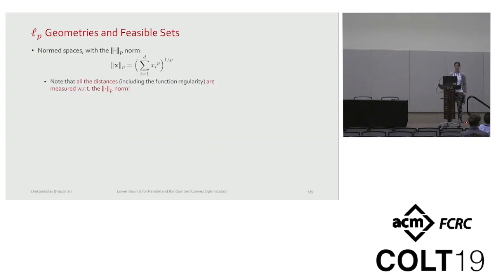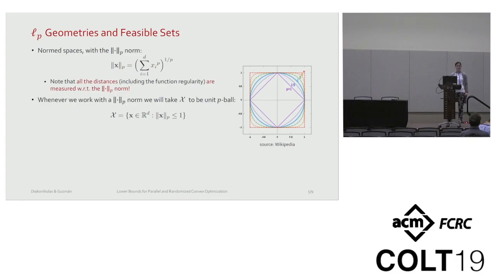Okay. The results I will be showing here are for LP geometries. When I say LP geometry, I mean that all the distances are measured with respect to the p norm. When we work with the LP geometries, we fix the feasible set to be the unit p-ball, or at least to contain a unit p-ball.